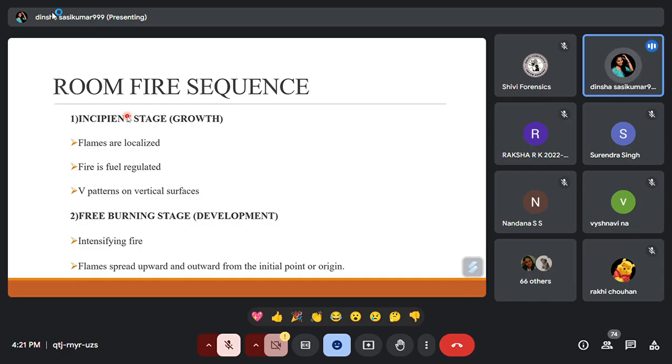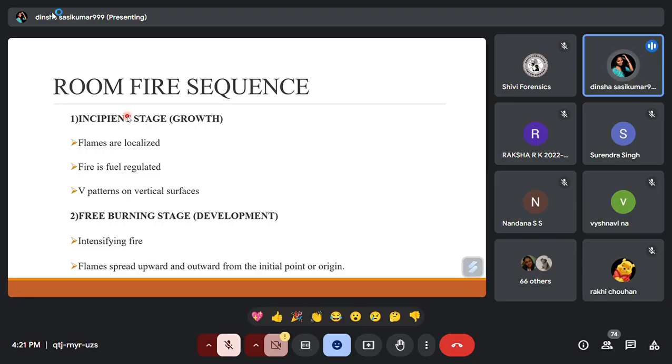During the first stage, the fire is in its beginning stage. The flames are localized here, and the fire is fuel regulated. That is, the intensity of fire depends solely upon the configuration, the mass, and geometry of the fuel, and it will not depend upon the availability of oxygen.